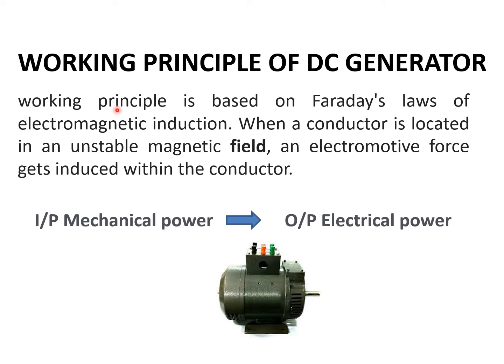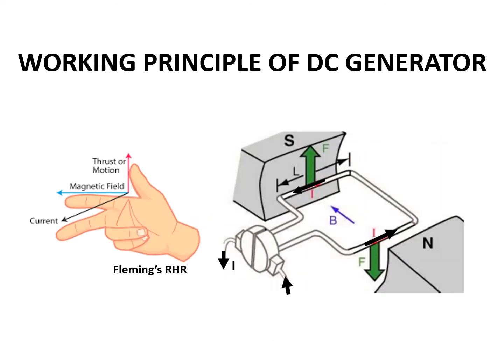And if the circuit is complete, then current will start to flow through the conductor. So when a conductor is located in a changing magnetic field, an electromagnetic force gets induced within the conductor. This is the view through which we can understand the DC generator working.